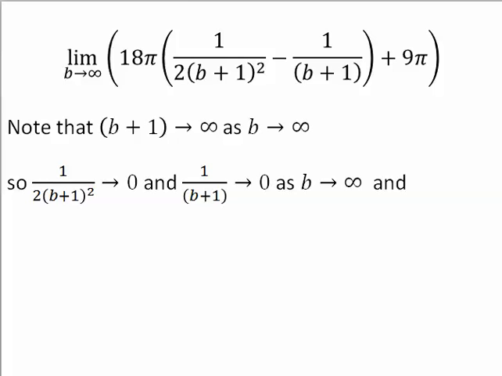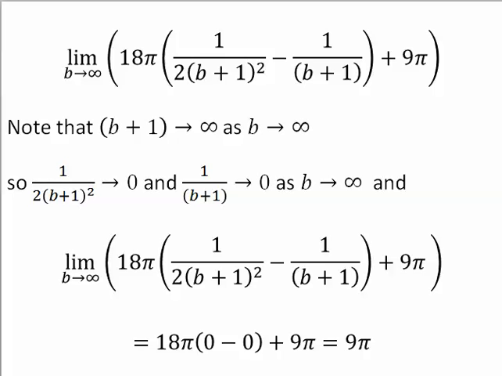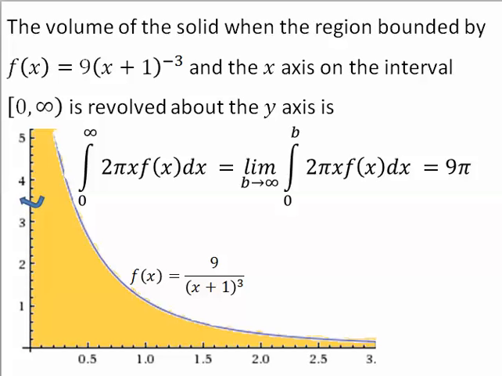Also, 1 over b plus 1 will also go to 0. All right, so the limit is going to be 18 pi times 0 minus 0 plus 9 pi, which is equal to 9 pi. And so the volume of the solid is equal to 9 pi.